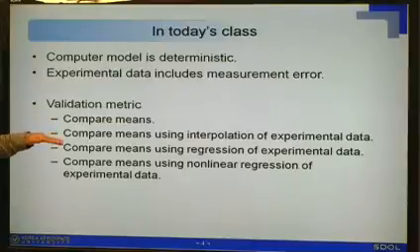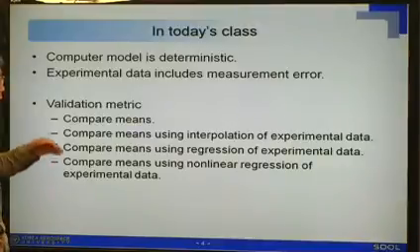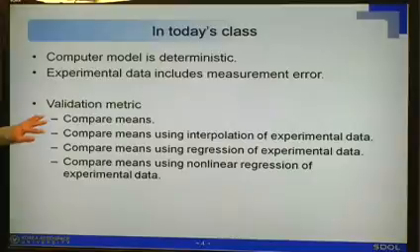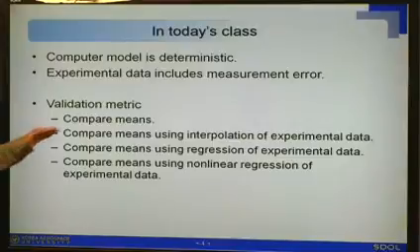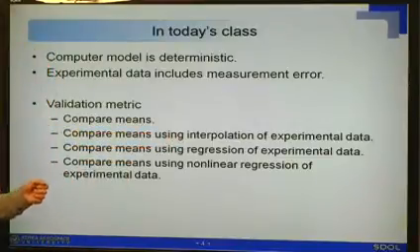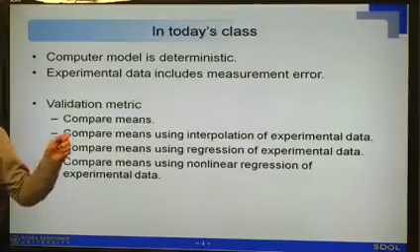Then I moved to the case including multiple points over a range of input variables. In that case, the textbook introduced two cases. One was the case of very many experimental data available over that range.